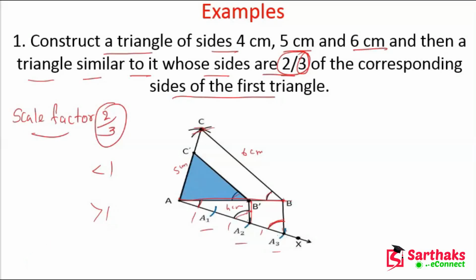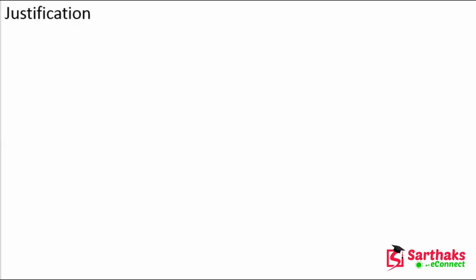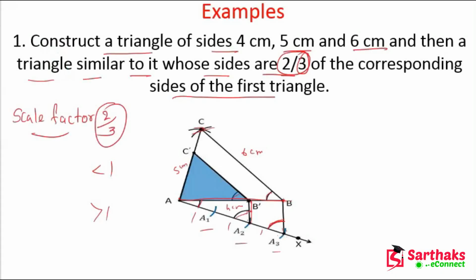So now let's do the justification of this question. The construction of the given part can be justified as we have AB dash upon AB. Let's see, AB dash upon AB is what? 2 upon 3, because from A to B dash we have two equal points, A1 and A2.